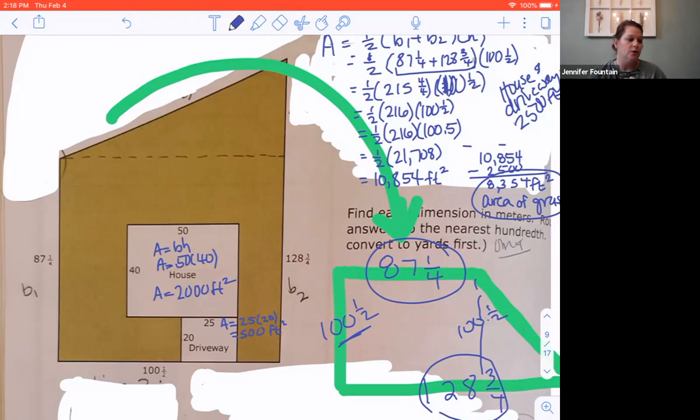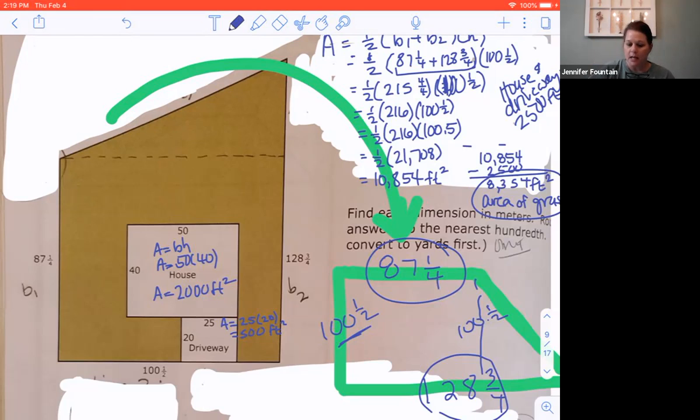And then today we learned that the area of a trapezoid is 1/2 of my bases added together times the height. So similar to the triangle in that I've got 1/2 and I've got bases times height, but I have to actually add my two bases together this time. That's the main difference between a trapezoid and a triangle: with my bases, I have to add two bases together instead of just having one base like a triangle does.